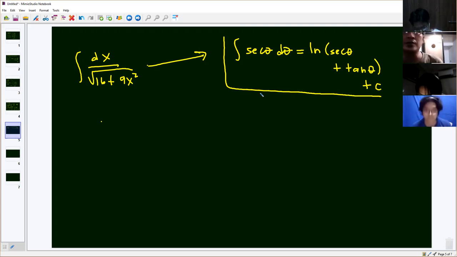Tama na, Earth. O, kanina baliktad, no? Okay. Now, Nino, good. Pares kayo na, may kulang. May kulang lang ng konti. Konti lang, Nino.